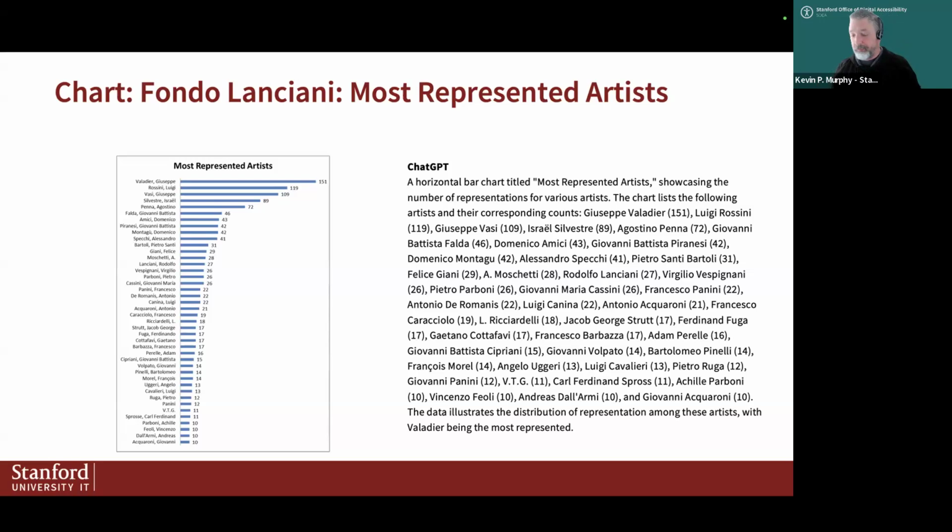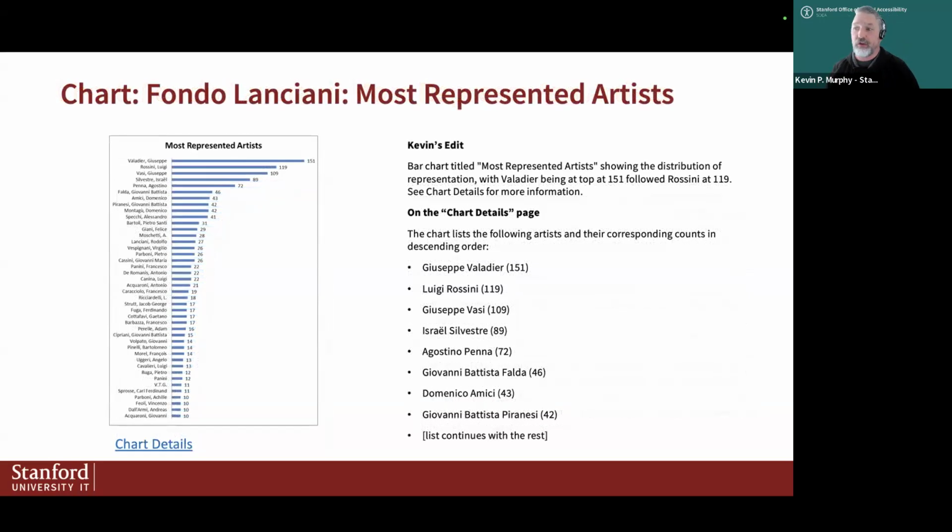I would take this, write a short alt text for the image, with the most important pieces that I wanted to highlight, the fact that Valdier is number one, or Rossini is number two, with 119. But then I would add a link and say, okay, here are the details about this chart, and then on that page I would build a bulleted list of all that information.